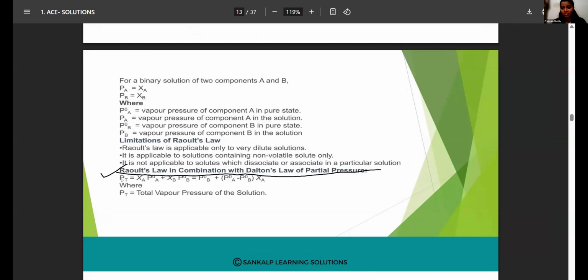Sum of pressure in the sense, P1 plus P2, which is total partial pressure. This was Dalton's law of partial pressure.